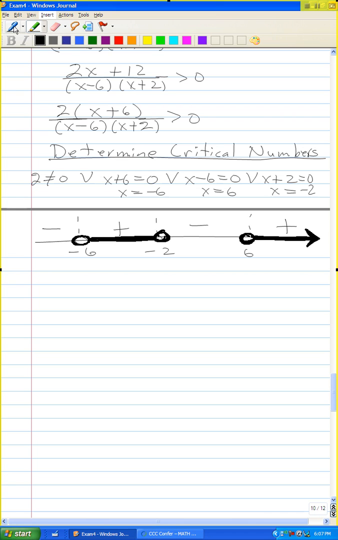And so this is the union of these two open intervals. And that is your answer. Okay.